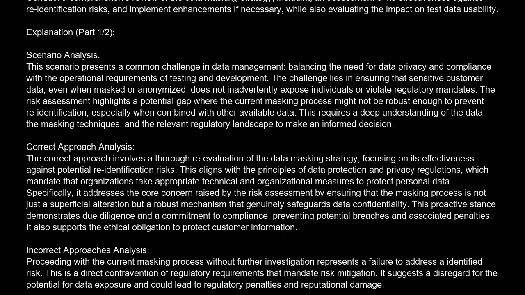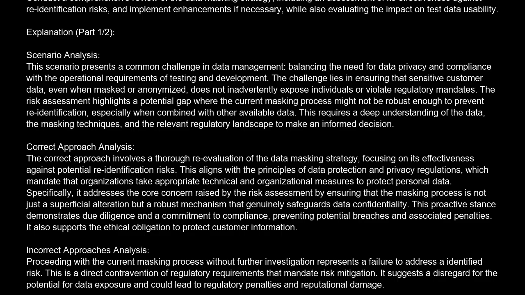Correct approach analysis. The correct approach involves a thorough reevaluation of the data masking strategy, focusing on its effectiveness against potential re-identification risks. This aligns with the principles of data protection and privacy regulations, which mandate that organizations take appropriate technical and organizational measures to protect personal data.